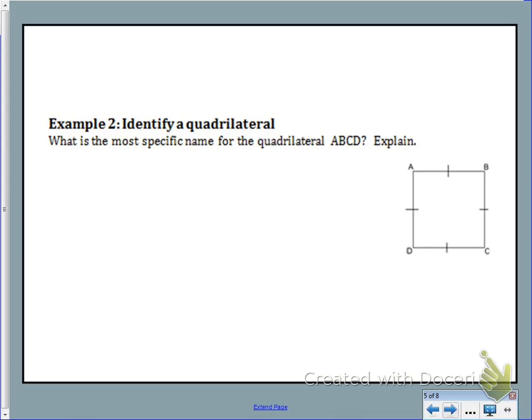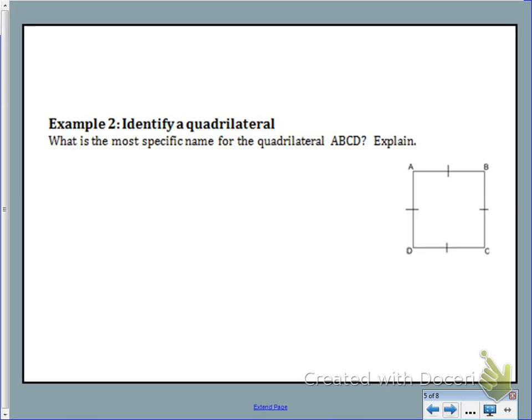Example 2 says to decide what the most specific name for the quadrilateral is. Now, when we look at this, we would say, oh, it's a square because it looks like a square. That's what we're used to doing in our geometry settings, is just making assumptions. But we want to make sure that we don't make assumptions, but we instead go by the evidence in the picture.